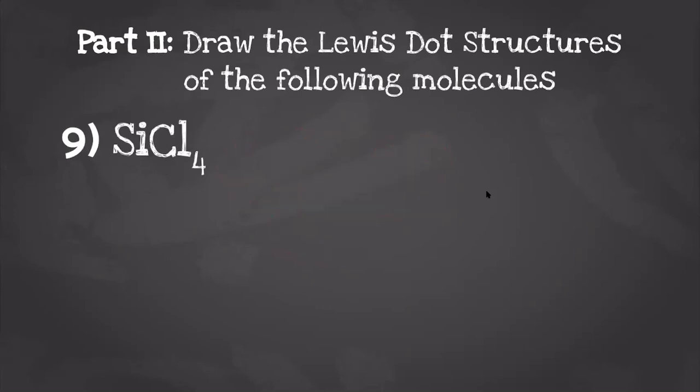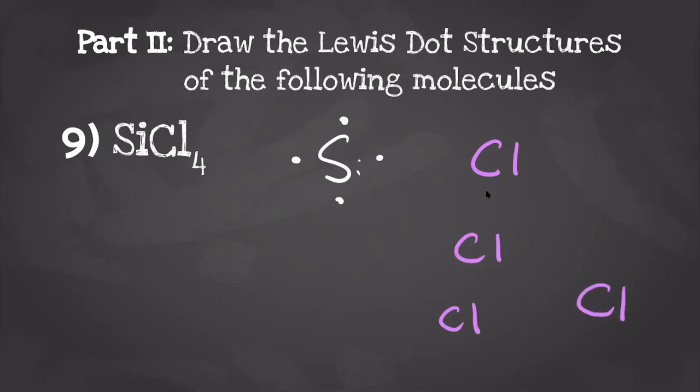For our next one, we have silicon tetrachloride. Silicon, looking at it in the periodic table, is going to have 4. 1, 2, 3, 4. And then I'm going to have 4 chlorines. Each one is going to have 7. 1, 2, 3, 4, 5, 6, 7.